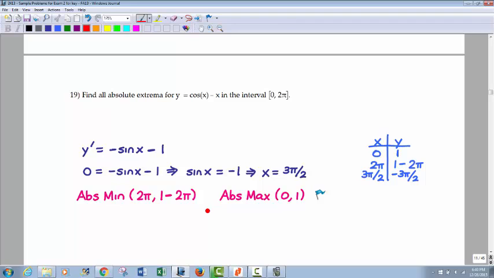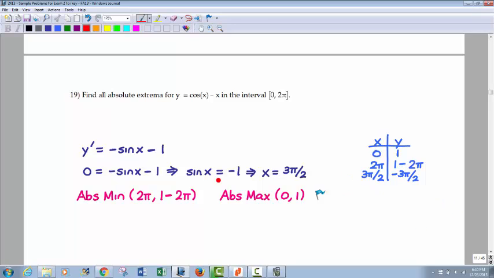It probably means you did it correctly. Like so, let's say it reduced down to x squared equals 4. That would definitely be plus and minus 2, but you would not use negative 2 because it's not in the interval. So we can only use things that are in the interval. So always watch for that.